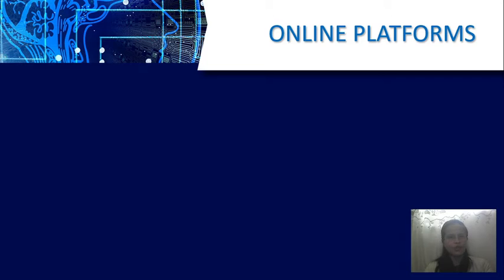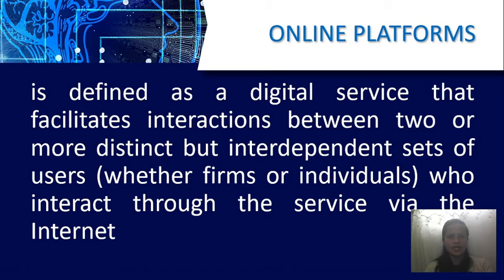The term online platforms has been used to describe a range of services available on the internet. It is defined as a digital service that facilitates interactions between two or more distinct but interdependent sets of users.